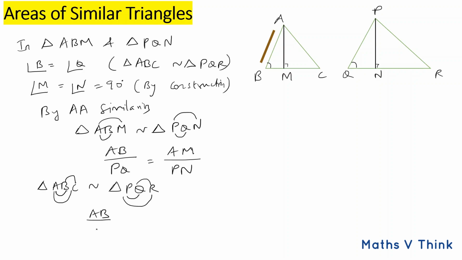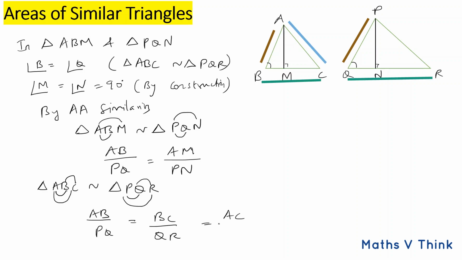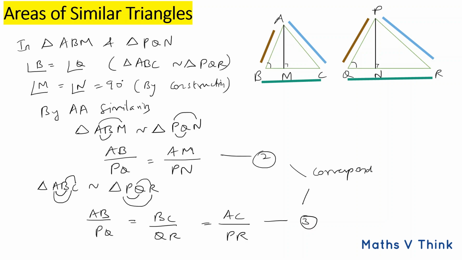Let this one be 2 and this one be 3. Here, for both, the reason is corresponding sides are proportional.